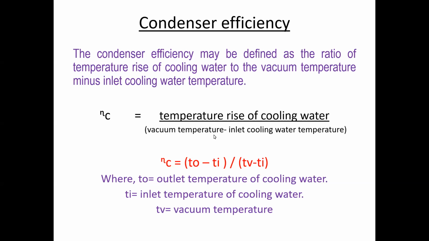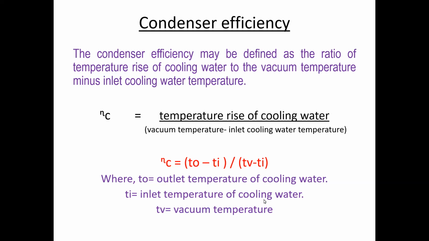And vacuum temperature minus inlet cooling water temperature, where the inlet cooling water temperature is taken from some river. So mathematically, condenser efficiency is equal to (TO minus TI) divided by (TV minus TI). TO is the outlet temperature of cooling water, that means the cooling water after it comes in contact with the steam.